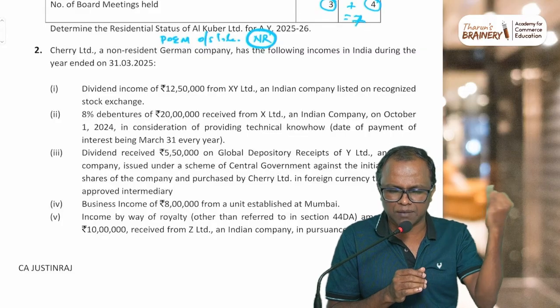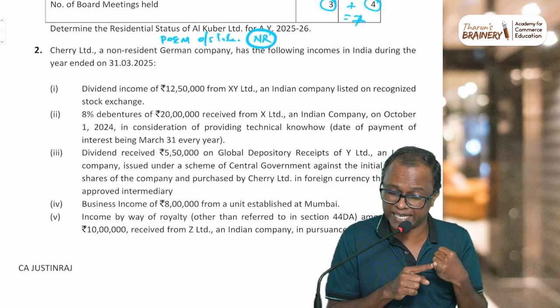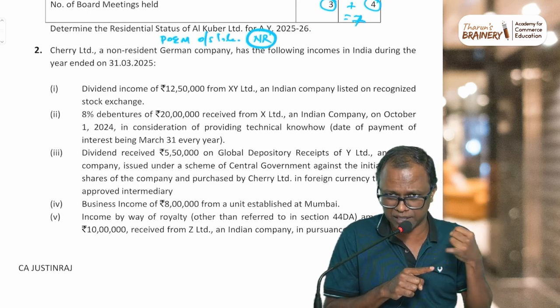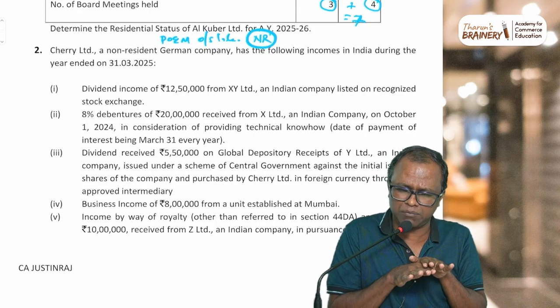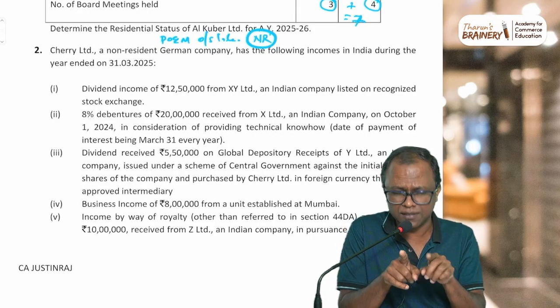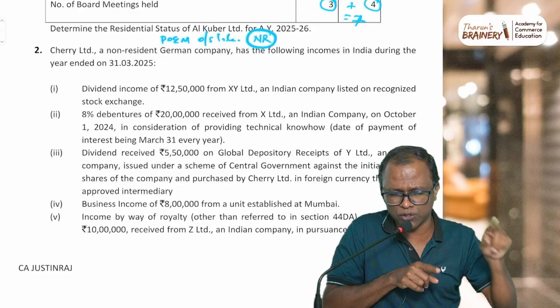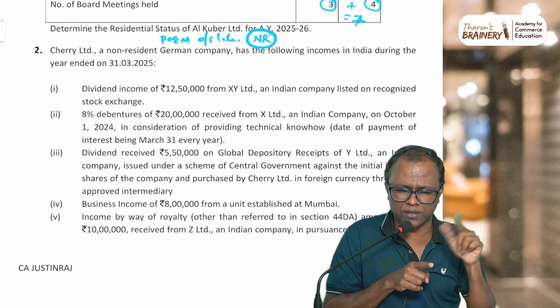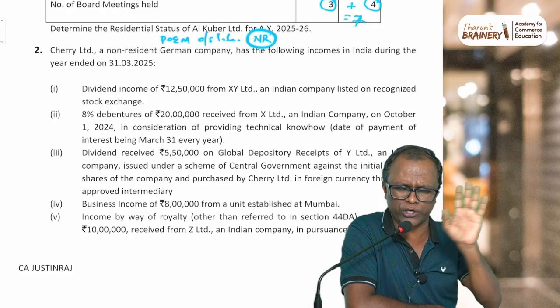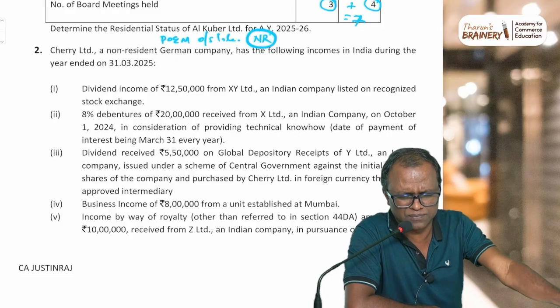Number one, if there is a double taxation avoidance agreement as per section 90, you can claim relief in India by using the foreign tax credit rule 128. And if there is no double taxation avoidance agreement with that country, but you are resident and double taxation arises, go to section 91 and you can claim relief under section 91. Here also the calculation is as per rule 128 of the foreign tax credit rules.